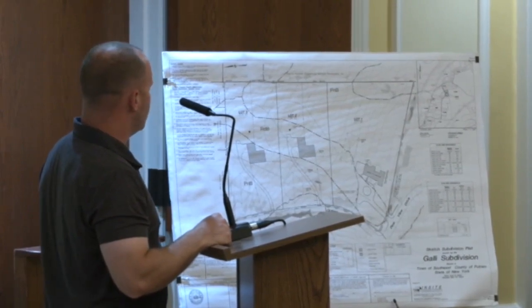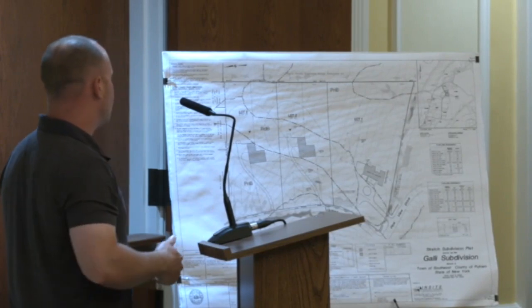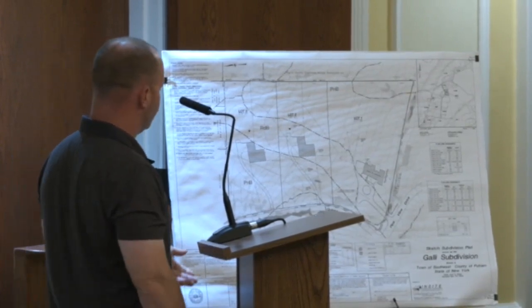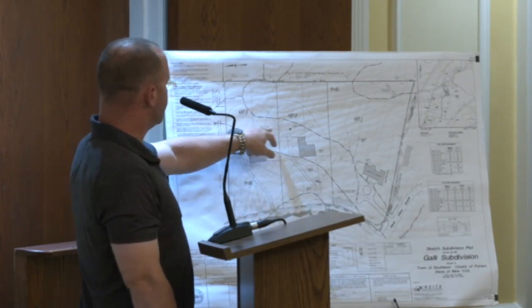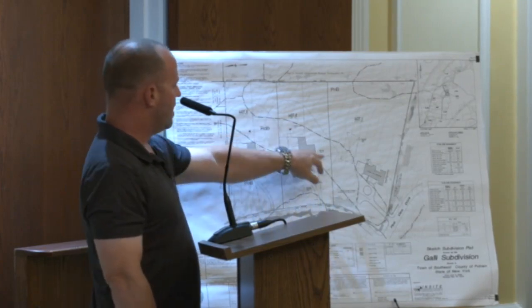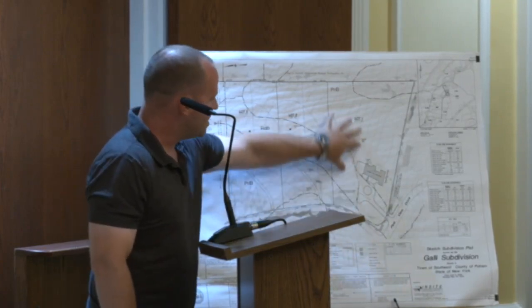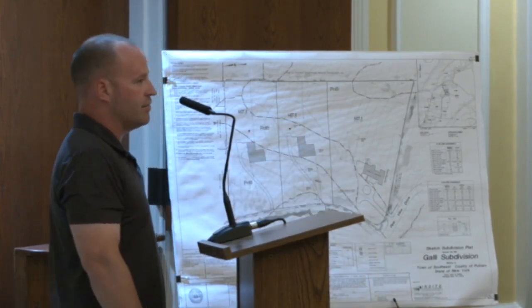The R60 zone is 1.35 or 1.5 acres. These lots here, this is 2.16, this is 1.98, and the existing house is going to stay on a 3-acre lot by itself.